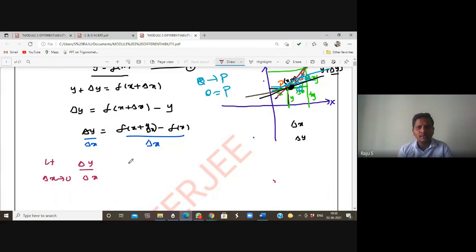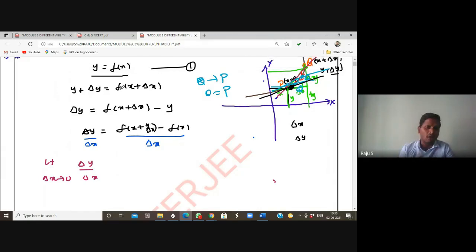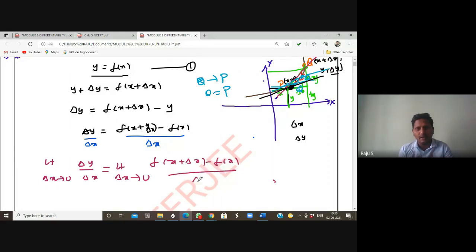You may have a doubt: sir, why can't we take delta y tends to 0? No, here y is a function in terms of x. y depends on x. When x is changing, y also automatically changes, right? So this is the limit as delta x tends to 0 of f of x plus delta x minus f of x, by delta x.